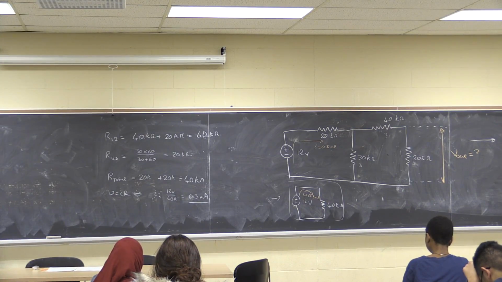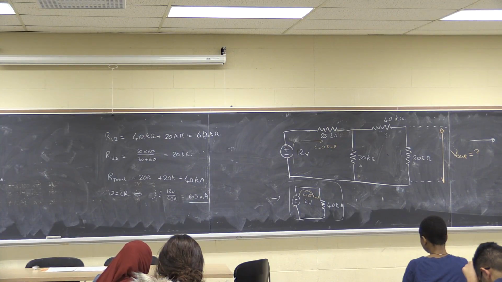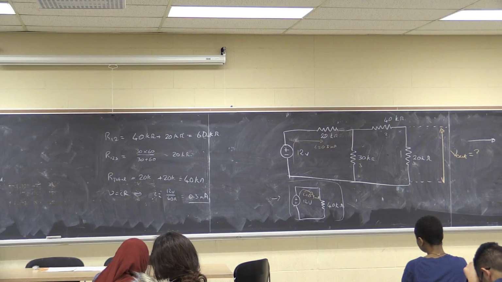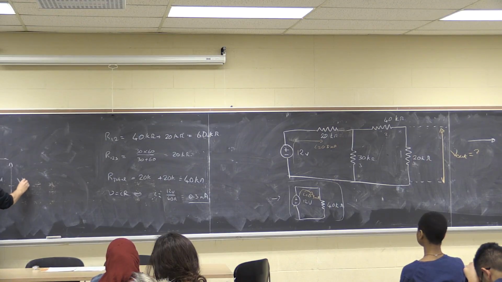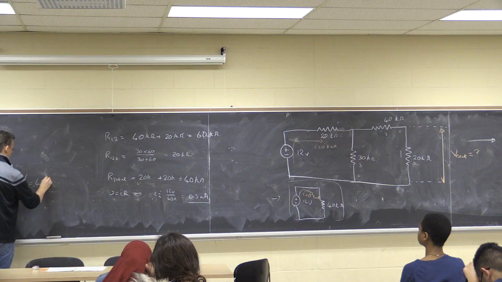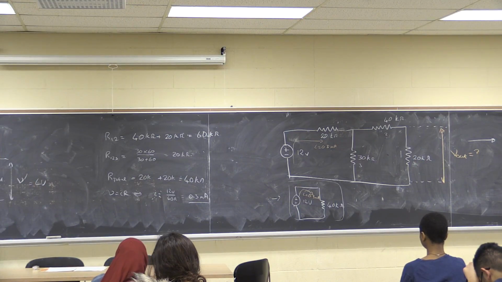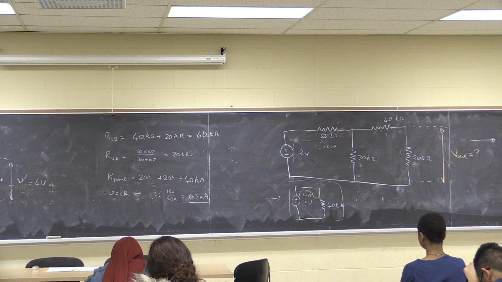And this I think is my R12, which equals 60K. So I know V prime, let's call it here, is 6 volts, because these are the same. However, what I need is the voltage across the 20K.